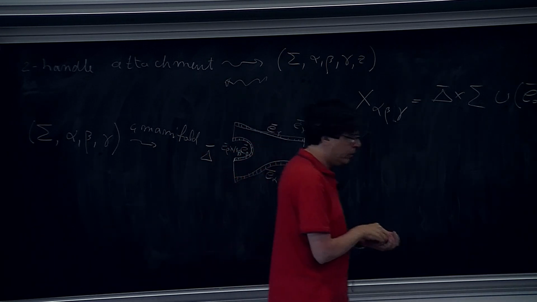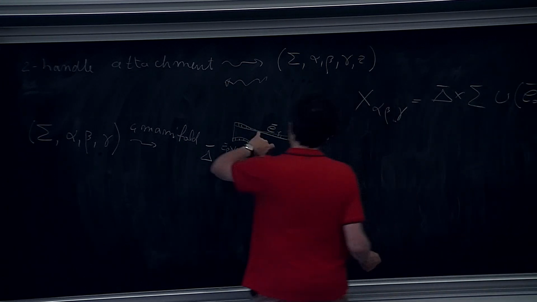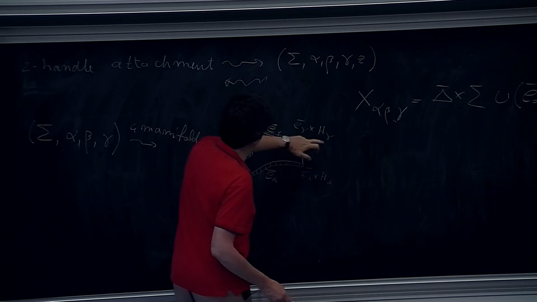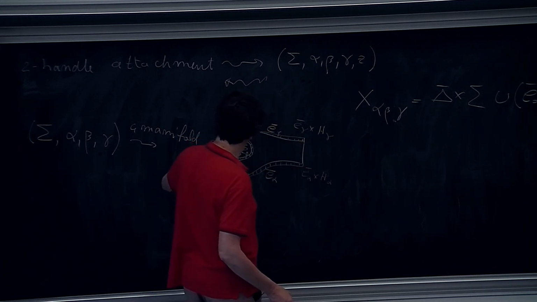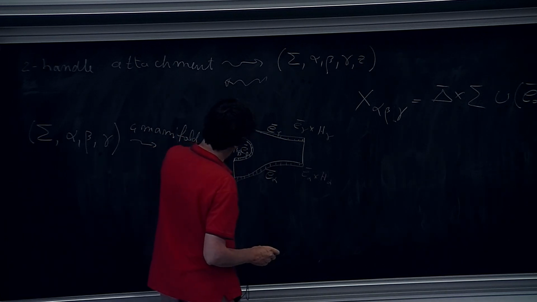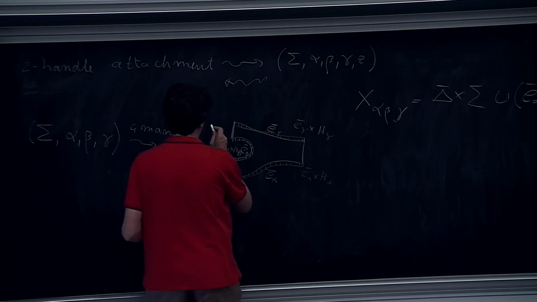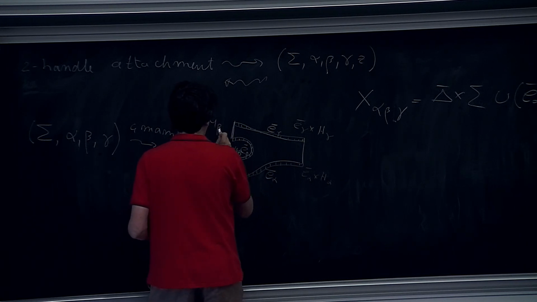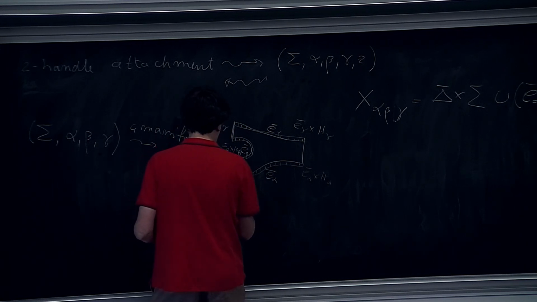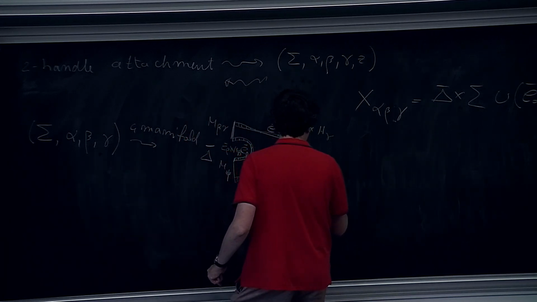And if you see, this manifold has three boundary components. So these parts of the boundary have been capped off by the handlebodies, but this part of the boundary remains. And here you see the handlebody H beta attached to sigma times the interval attached to the handlebody H gamma. So this is M beta gamma, this is M alpha beta, and this is M alpha gamma.